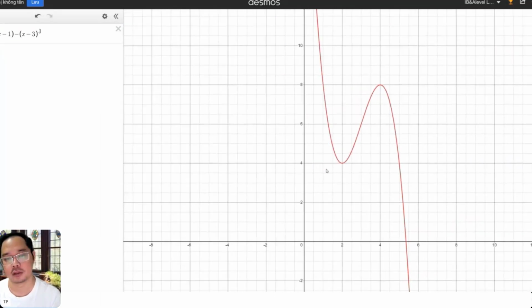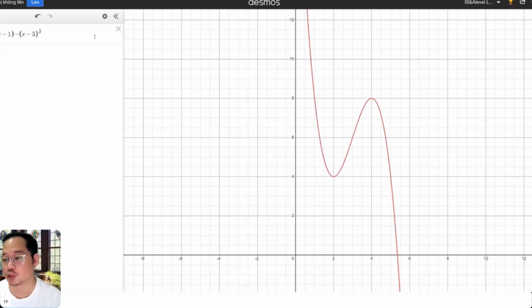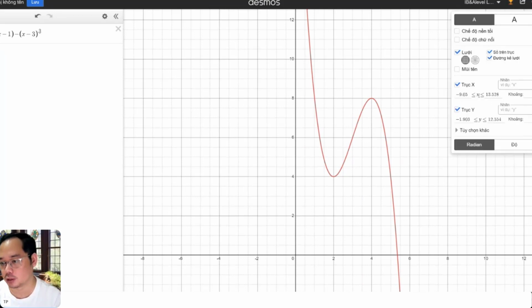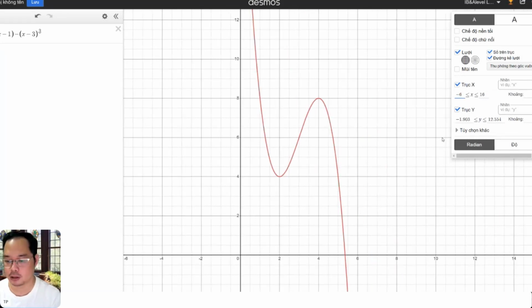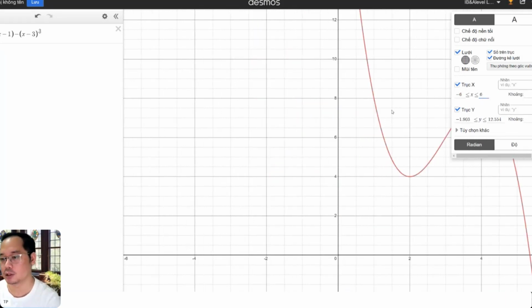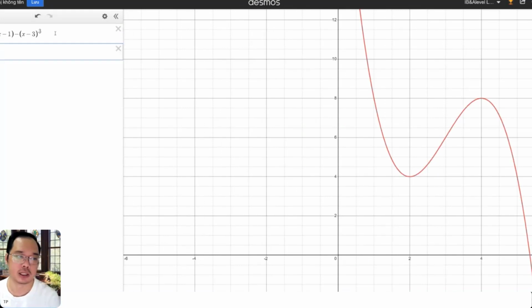Okay, the function looks like this. This is the function of the potential energy. Change the plus sign to a minus sign here. If I take this, the maximum is 8, the minimum is 4.